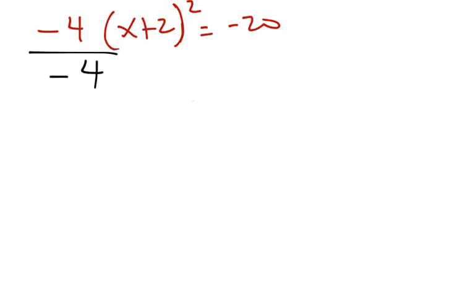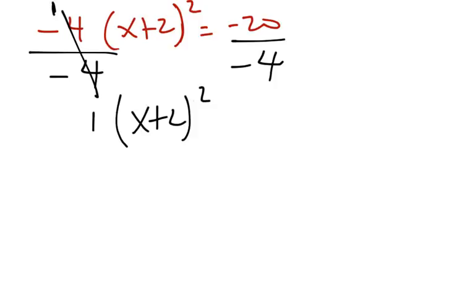I divide by the same number on both sides of the equation. Negative 4 divided by negative 4 is 1. That 1 is going to be in front of the parenthesis. Negative 20 divided by negative 4 is positive 5. Now, this 1 you can write or not; normally, we don't need to write it down. Now, my parenthesis is by itself.